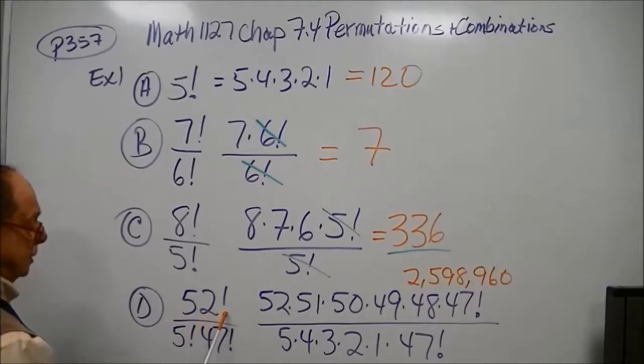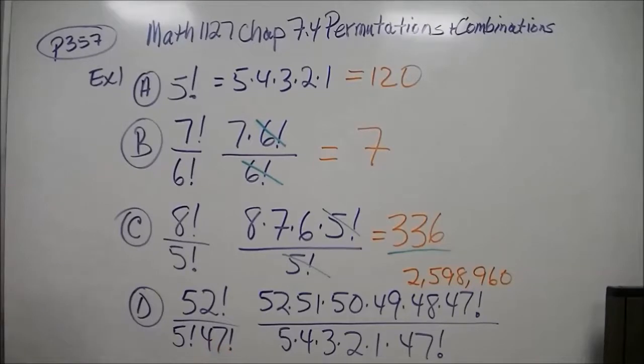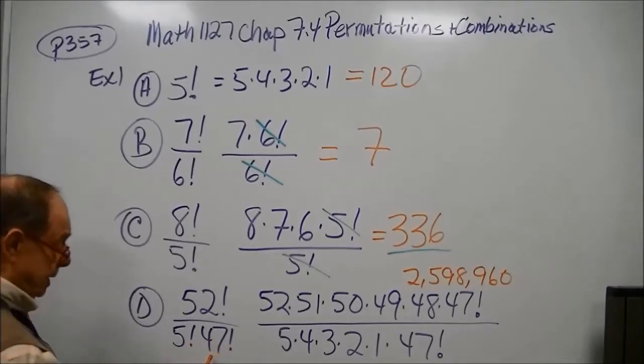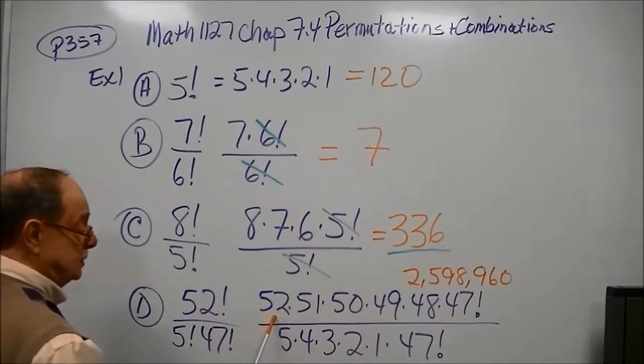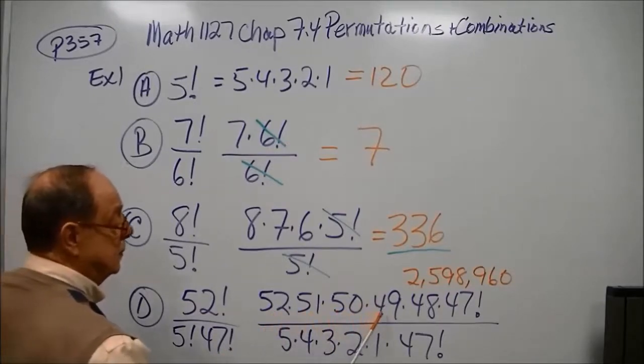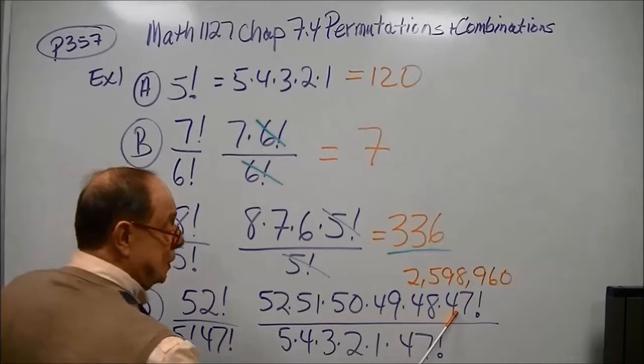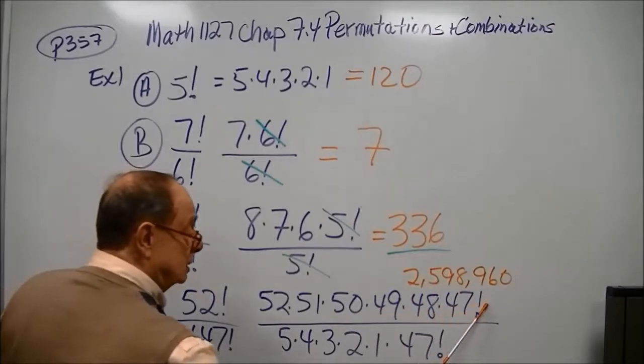This one's interesting. 52 factorial divided by 5 factorial times 47 factorial. You might say, well, how do I do that? Well, you want to get a 47 factorial up in the top. So 52, 51, 50, 49, 48, 47 factorial.